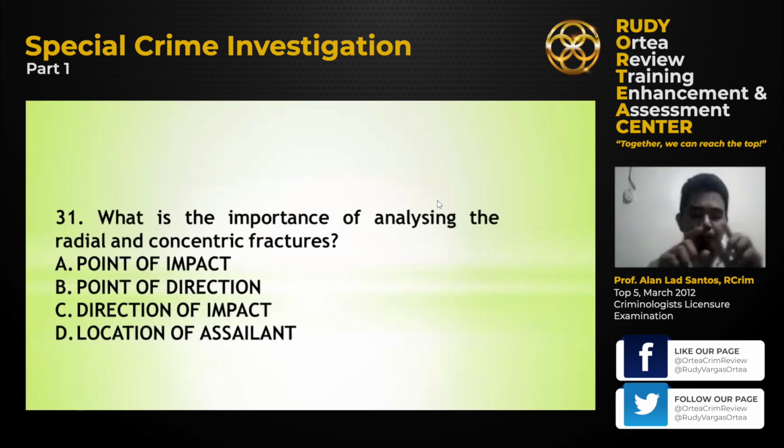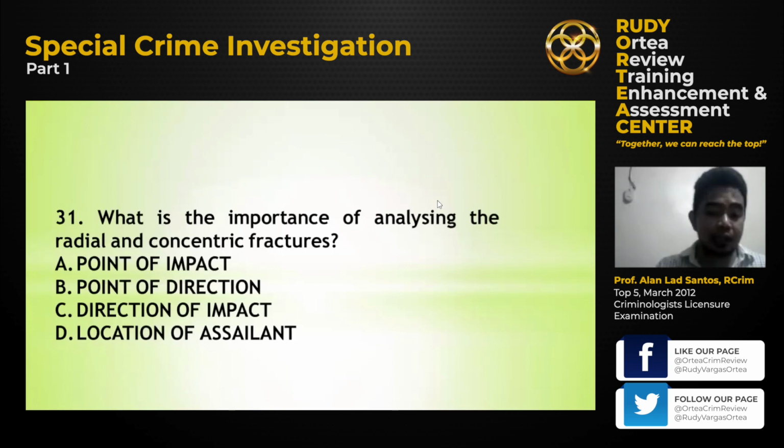Paano natin malalaman kung saan galing, lalo na kung basag na basag ang bintana at nagkalat yung glass fragments? Using a magnifying glass or, the best, a microscope, kumuha ka ng isang piraso.